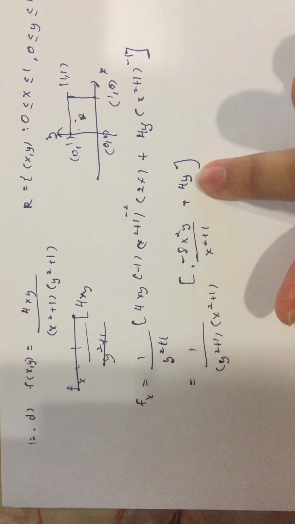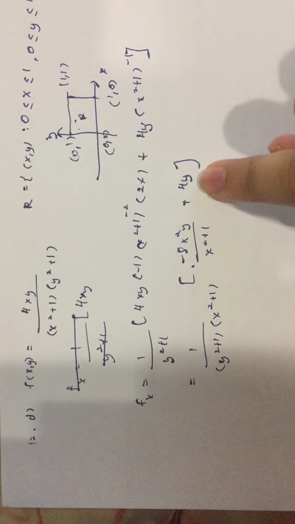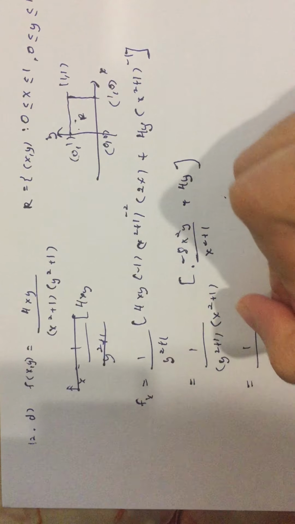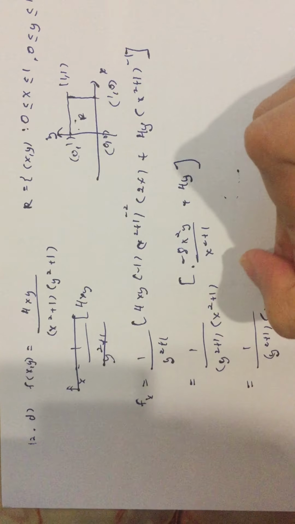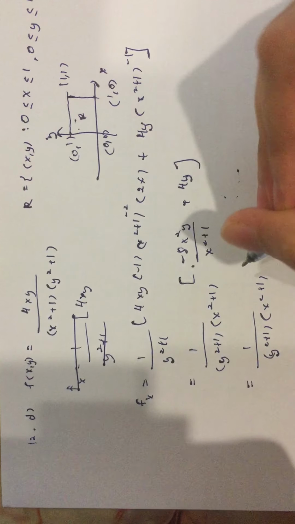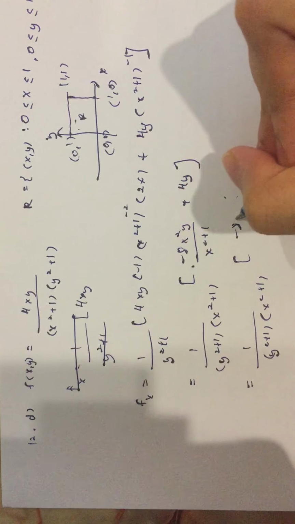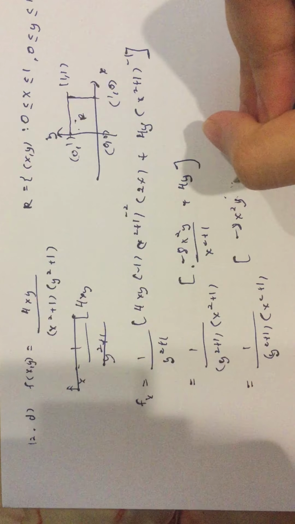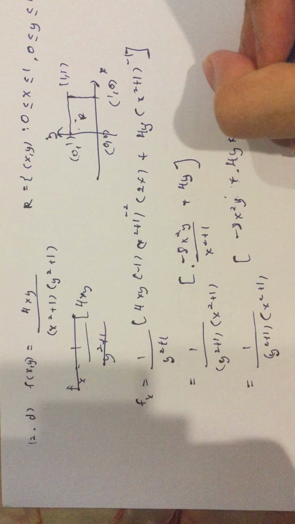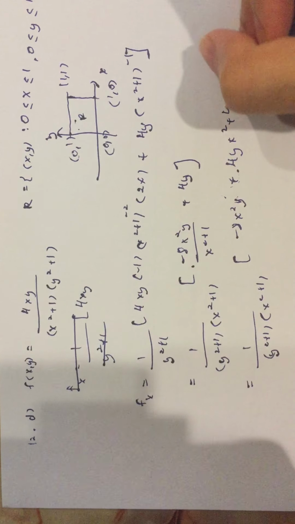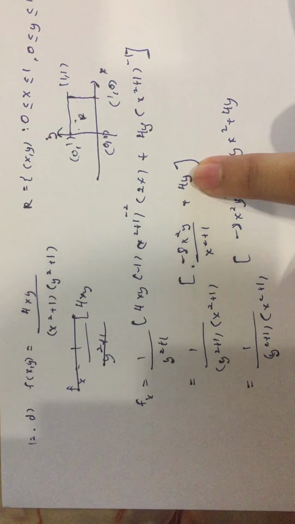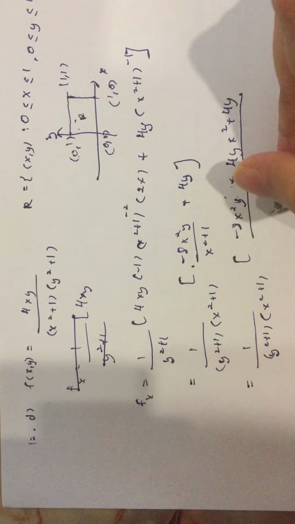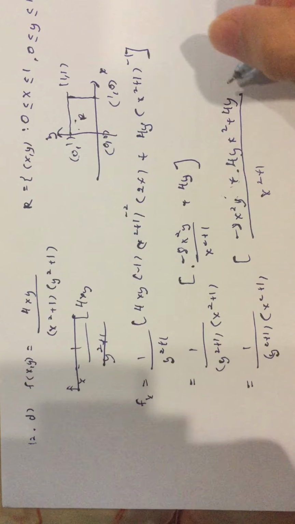So we make the denominators the same for this one. This term is multiplied by x squared plus 1. So we have 1 over y squared plus 1 times x squared plus 1, and then we have minus 8x squared y. And then 4y times x squared, we have 4y x squared plus 4y. So this one multiplied by x squared plus 1, and then divided by x squared plus 1.